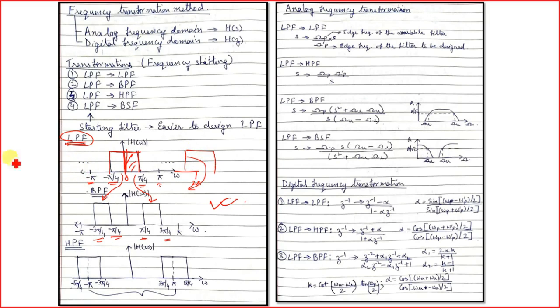Similarly over here in the negative domain also, if you go towards the negative of 2 pi, you will be getting some response like this, right? So this filter response is getting repeated over there also.